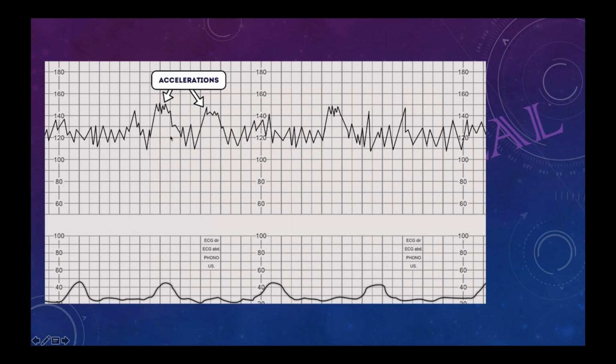This is maybe 45 seconds, and it is more than 3 squares, so more than 15 beats. It is more than 15 beats, and it is staying for nearing 45 seconds. So this is a significant acceleration, because it fulfills our criteria or definition of acceleration. Is it clear? It is not very difficult here.